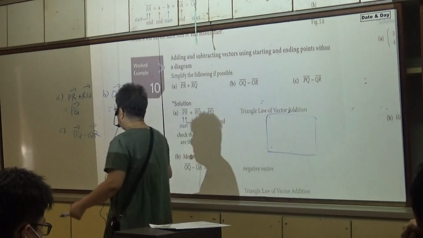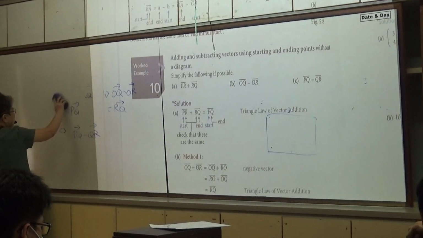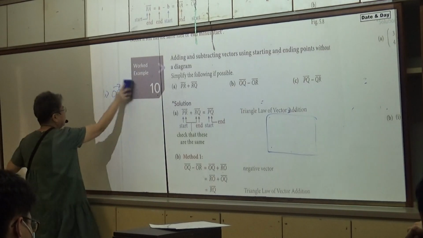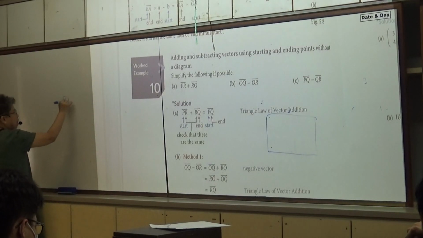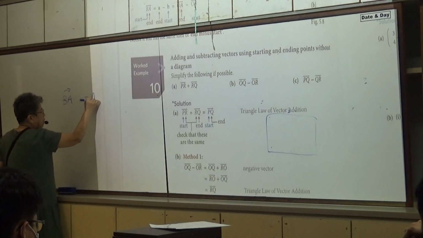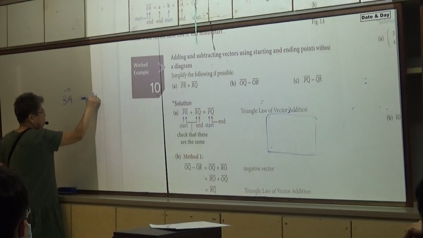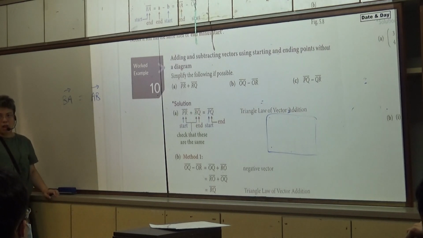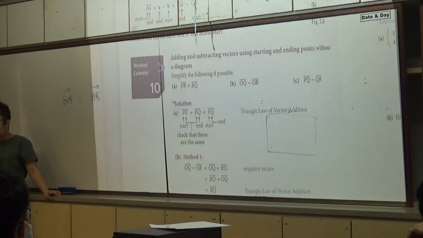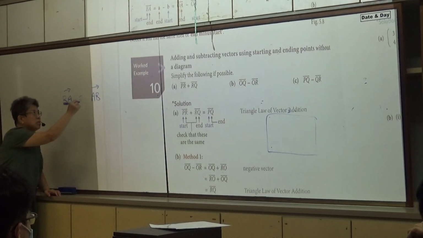Okay, then I need to introduce to you another thing. Can you tell me BA is what of AB? What is different in the two of them? Opposite. So this is actually negative, right?